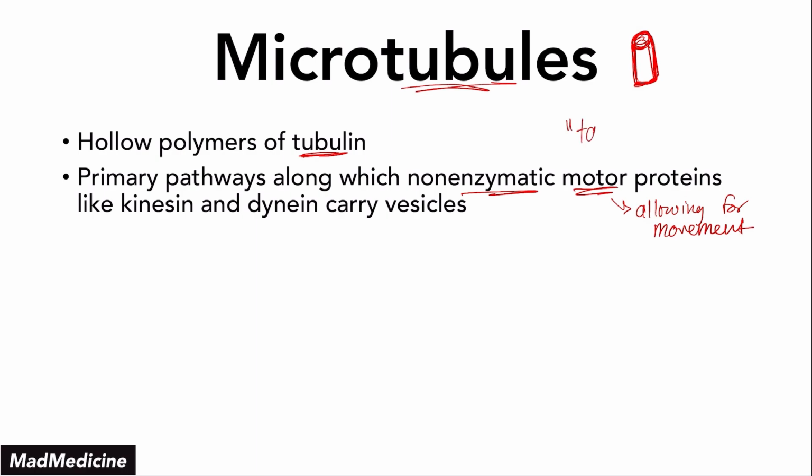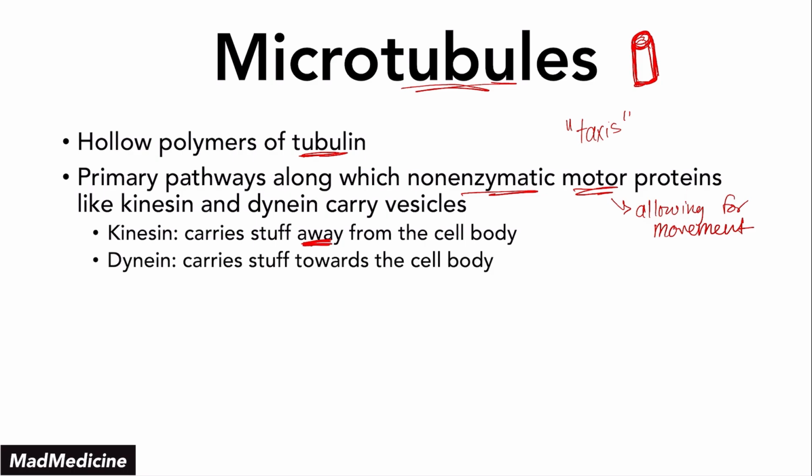So what do I think of these motor proteins, kinesin and dynein to be? I think of them as taxis that function on the cytoskeleton, which is the highway, okay? Remember, I'm going to make this simple and relatable. So, kinesin is the protein that carries stuff away from the cell body. Okay? And dynein carries stuff towards the cell body.